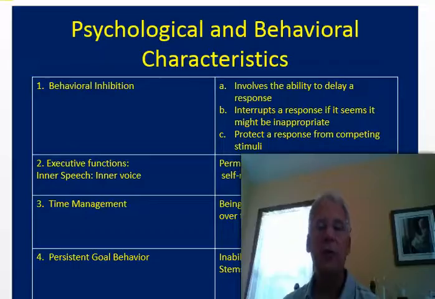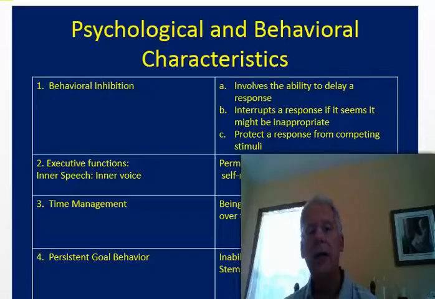So if we go to slide 55, what are the psychological and behavioral characteristics? You can see on the left-hand side the characteristics, and on the right-hand side you can see what's involved in those characteristics. So someone with ADHD would have difficulty with behavioral inhibition.